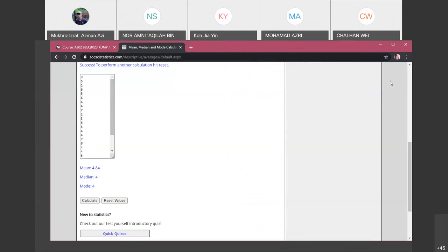In our next class, we're going to use this to calculate variance and standard deviation. If you click on the link for variance and standard deviation, you will see two options, whether it is using sample data or population data. That we will cover this coming Thursday.